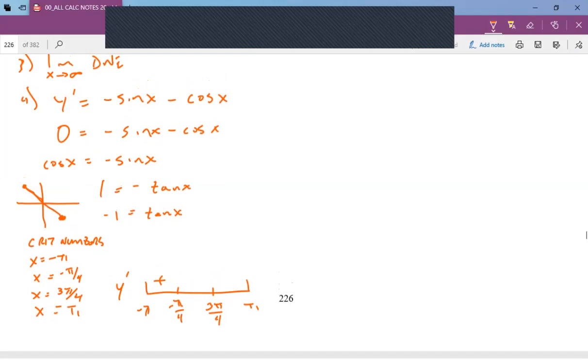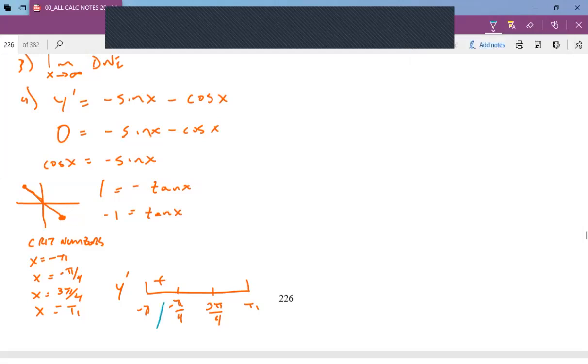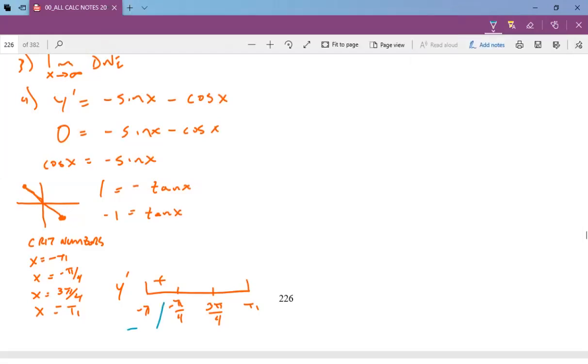So what we could be doing here is thinking about what sort of number is in here. If we think, okay, negative pi halves, and we plug that in for x in our first derivative, that'll be the negative of negative 1 minus 0.